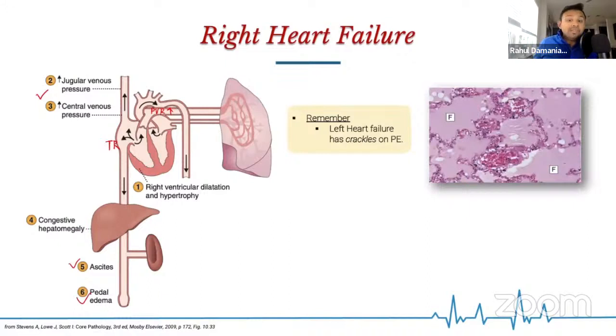Remember that when it comes to left heart failure, there are going to be crackles on the physical exam. So for left heart failure, I'm going to illustrate in blue that your LV is going to be failing. And that's why all the blood is going to then pool into the lungs. And so that's why in left heart failure, you can see this very characteristic image, which is going to be the alveoli that are going to be filled up with this very transudative fluid.